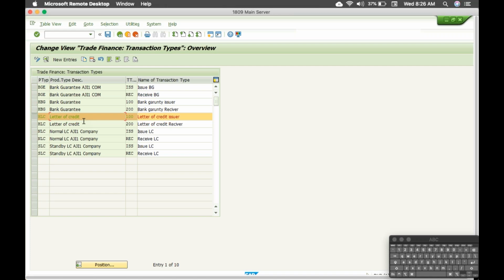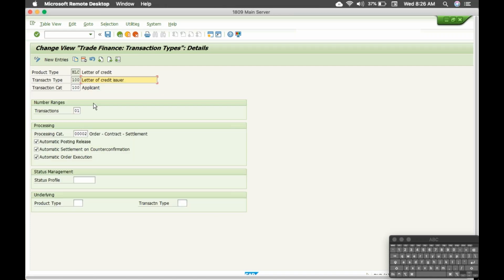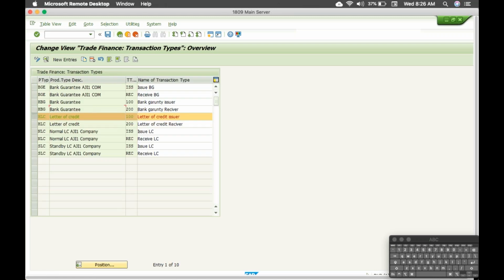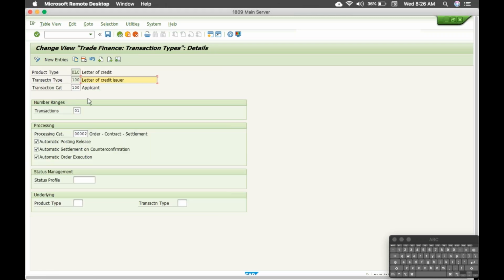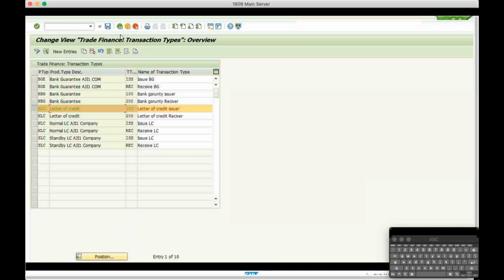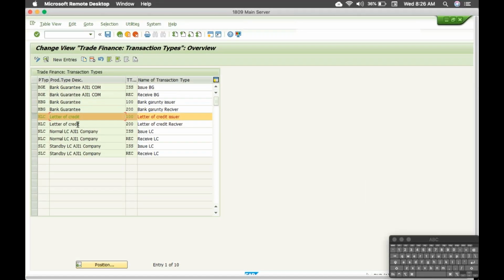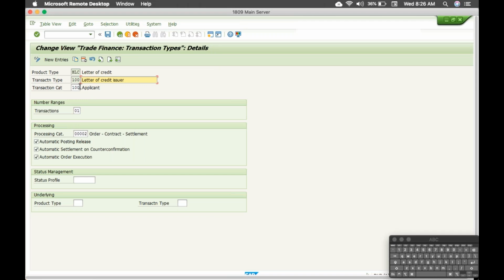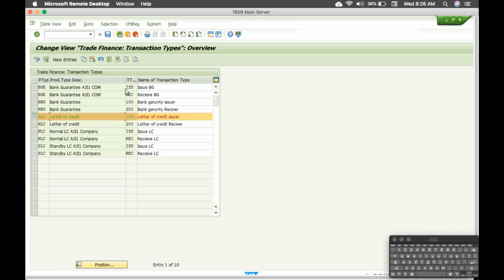So finally vendor is the beneficiary. So letter of credit issuer and also letter of credit beneficiary, both we need to create. Letter of credit issuer. One second. Letter of credit receiver.